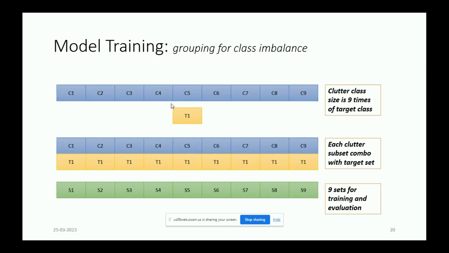So we came up with a solution where we made subset combinations as 9 sets, where the target class is combined with each subset of the clutter class. This way we now have 9 training sets for model training and evaluation.